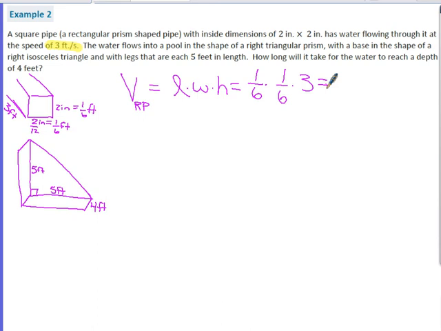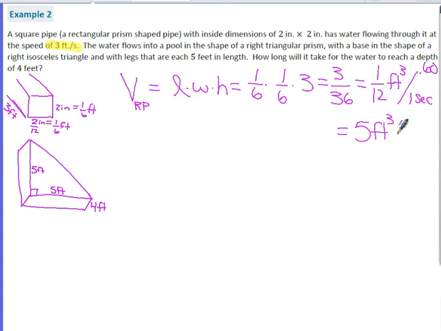When we multiply these, we get 3 over 36, which reduces to 1/12 of a cubic foot in 1 second. Now, it would probably be more helpful for us to find out how much is coming out in 1 minute. So why don't we multiply this by 60? And that will give us 5 cubic feet per 1 minute.